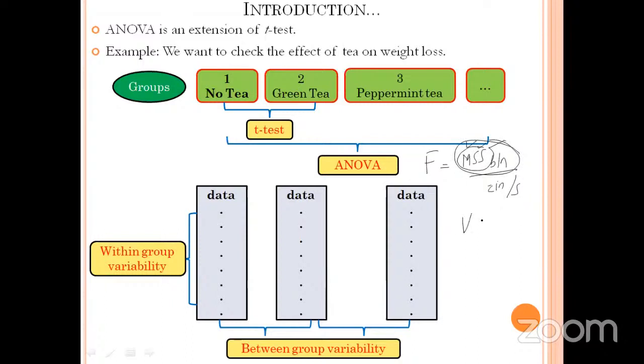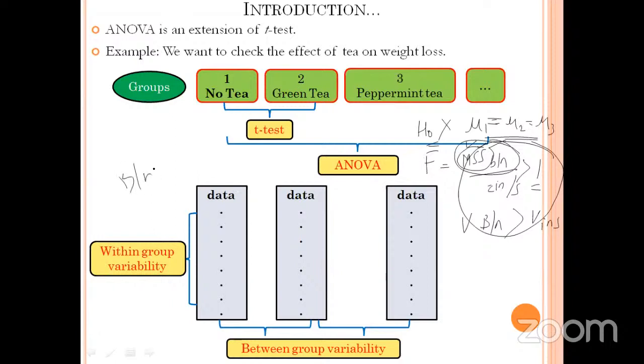So if the variation between the samples is more than the variation within the samples, then obviously this ratio will be more than 1. And if it is more than 1, then our null hypothesis is rejected. What will be the null hypothesis? That mu1 is equal to mu2 is equal to mu3. If the ratio is more than 1, it means they are not equal, and hence we reject the null hypothesis. Okay. This is the crux of ANOVA.